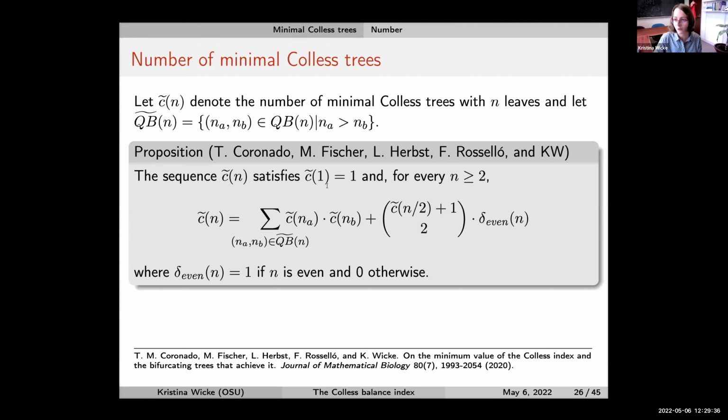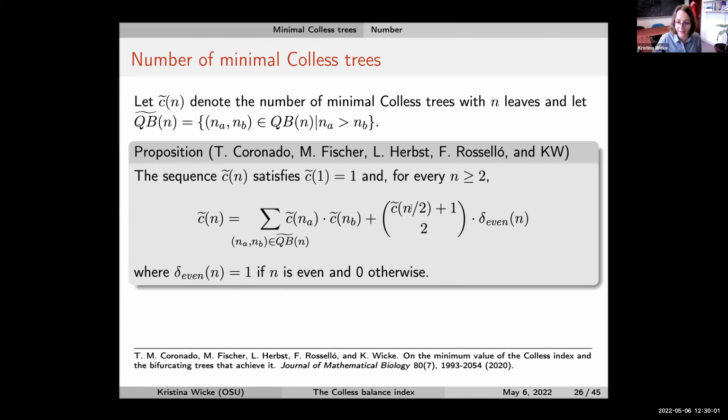C tilde of 1 is 1, because there's only one tree, and this is automatically minimal Colless. And we then have that C tilde of n is the sum over all pairs NA and NB in this set QB tilde of n. We simply multiply the number of minimal trees we have on NA leaves with the number of trees we have on NB leaves, because all possible combinations will give a minimal Colless tree.